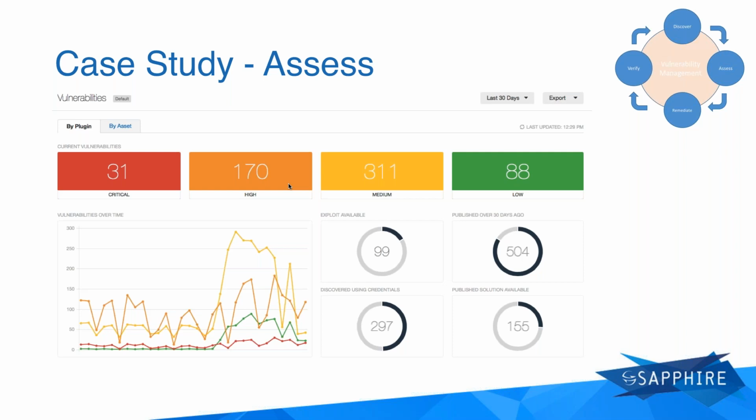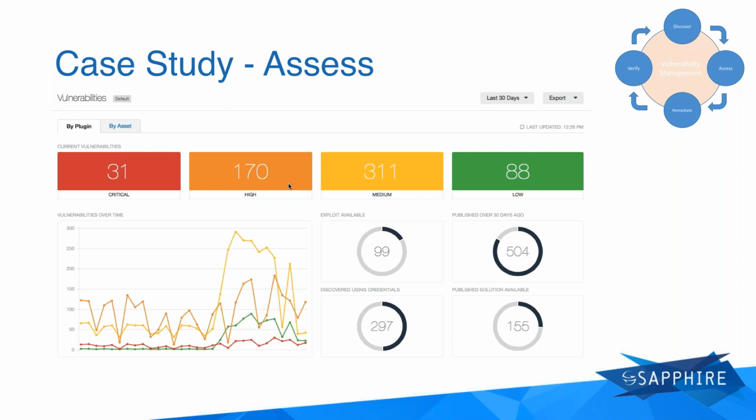Or we can consume this data by asset. Let's say the financial director is popping into a 2-hour meeting and he can drop his laptop off to the IT guys. That means we can consume the vulnerability data by that asset and understand what vulnerabilities are on that asset and address them all within that time.